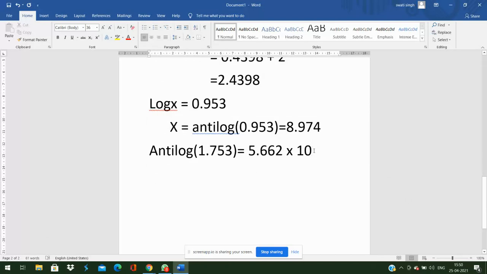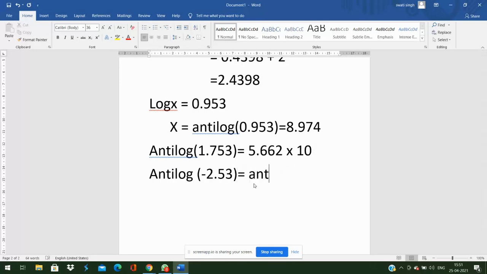Now suppose a value is given in terms of a negative value, like antilog under bracket minus 2.53. So here what shall we do? Here we will take one successive number. Successor of 2 is 3. After getting its value, finally we have to get minus 2.53 again. So how will we get it?